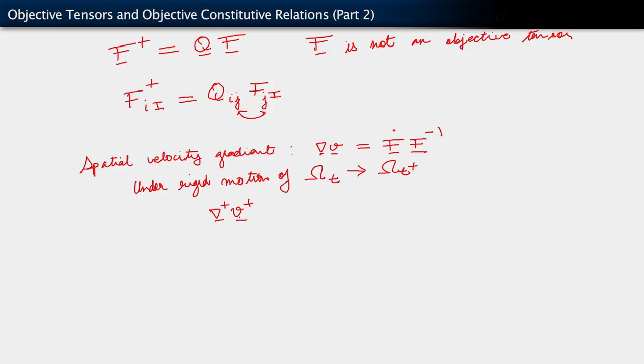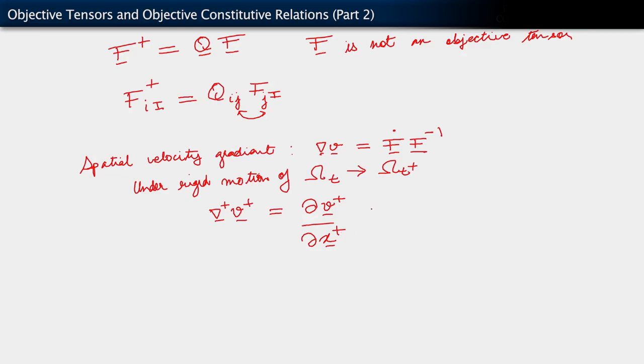Observe that I've got a transformation on the operator also. This is because we are talking not only of how the vector v transforms, but the space with respect to which we are computing this gradient is itself changing under the rigid motion. That's why we have the plus on the x as well.